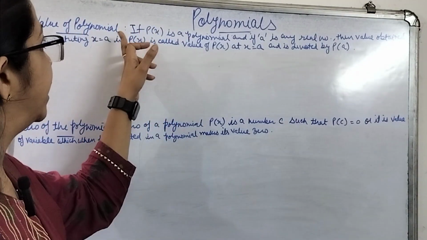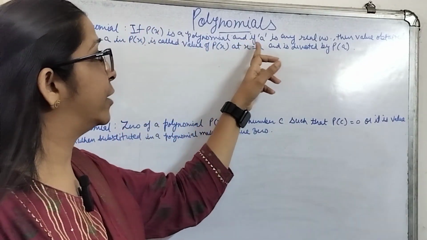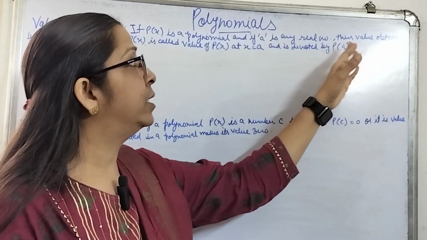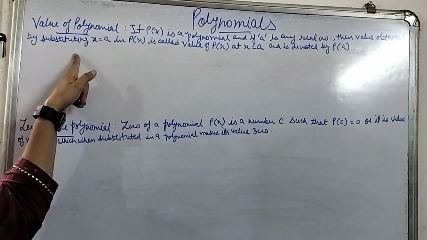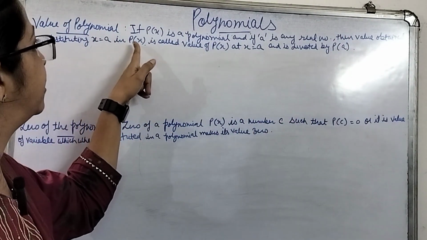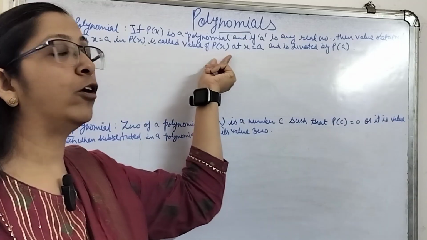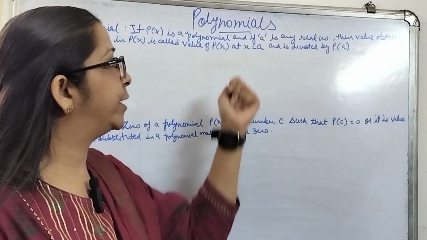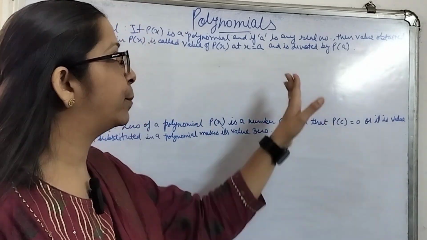That simply means if p(x) is a polynomial and a is any real number, then the value obtained by substituting x equivalent to a in p(x) is called the value of p(x) at x equivalent to a and is denoted by p(a).